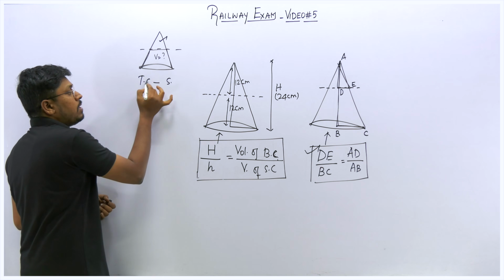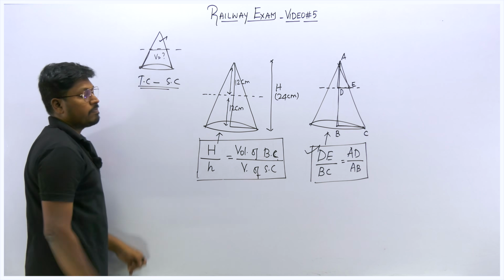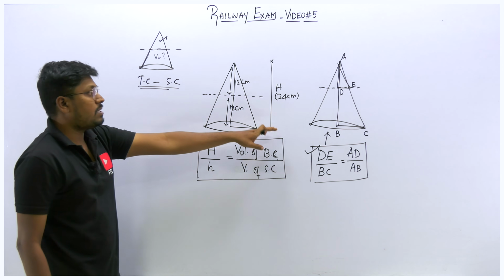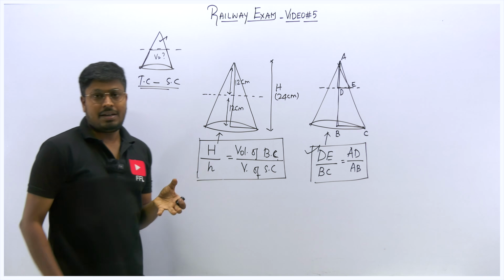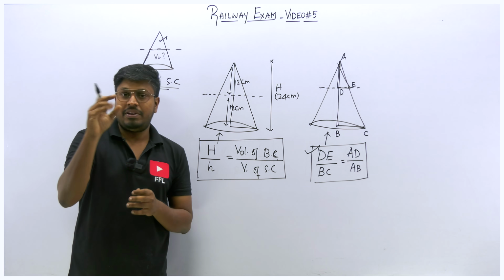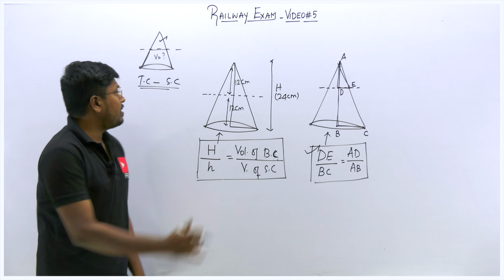The resultant will be the volume of this frustum of cone. This is the basics, which is not applied here, so I didn't teach this concept here. I hope everyone knows it. So total cone volume minus the top small cone. When you subtract that, the resultant volume will be that of the frustum of the cone.